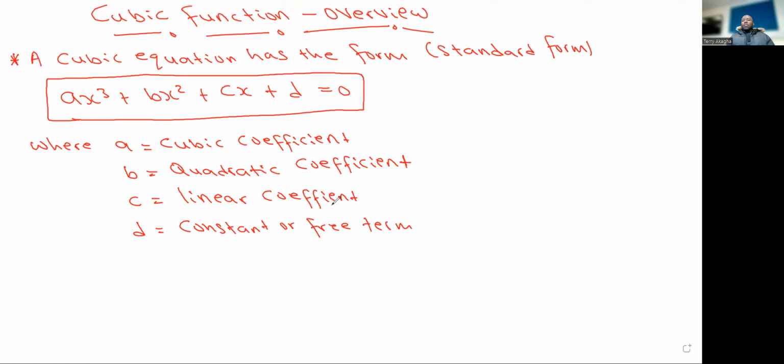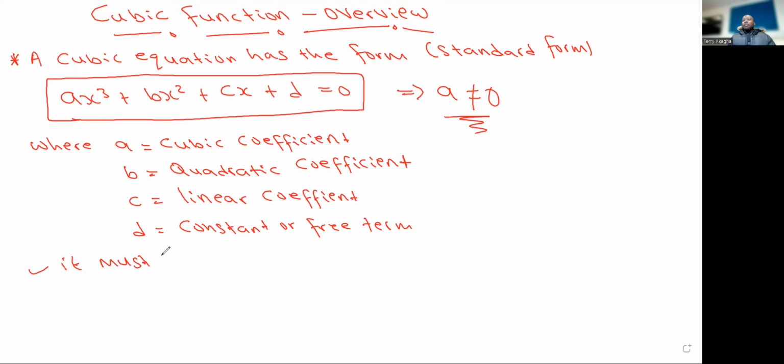But you need to understand for anything to be cubic, a must never be equal to 0. That means that there must be a value for x cubed. So a can be 1, a can be -1. There must be a value because when a is 0, it has turned to a quadratic equation. So I'm going to write it down so that you will not forget.